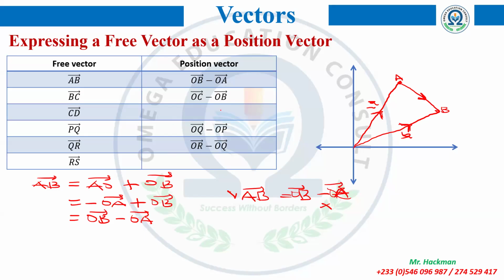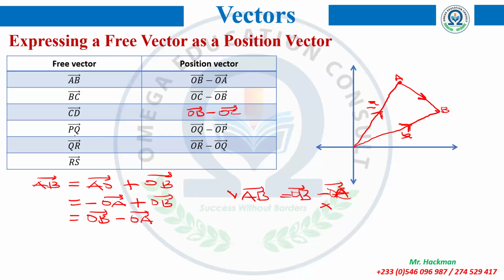So CD will give us likewise, CD, the whole class: OD minus OC. Don't forget the arrow. When you say OC, OD, I know the arrow must be indicated, otherwise you say vector OD, vector OC.